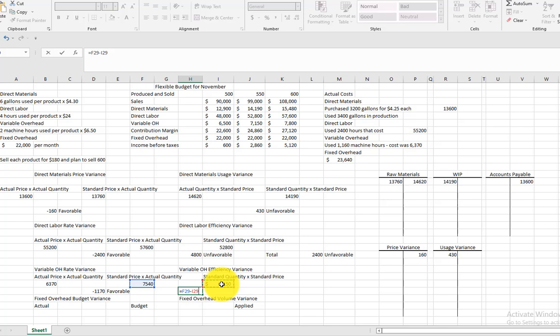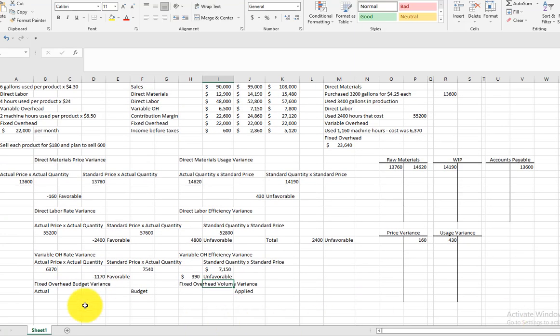And lo and behold, we are unfavorable because we should have used 1,100 hours because we made 550 and each should take 2 machine hours, 1,100 hours, and we used 1,160. Not a lot, but some amount of over. So that's unfavorable. Okay.